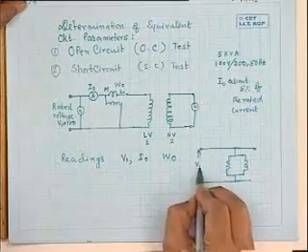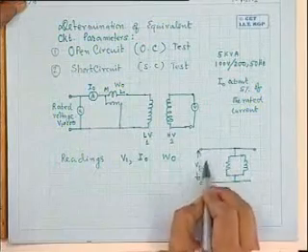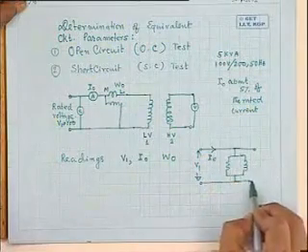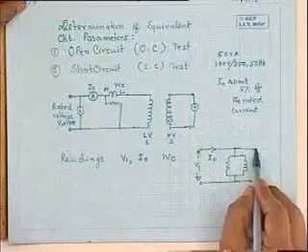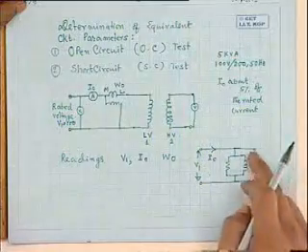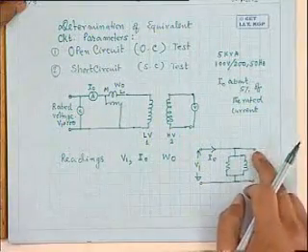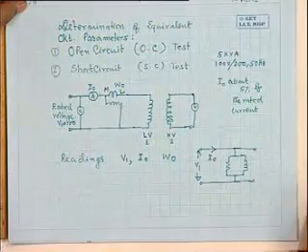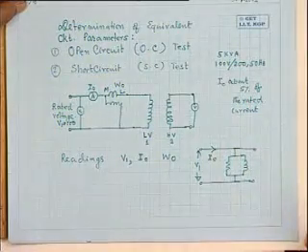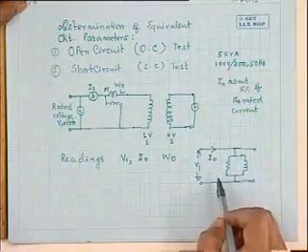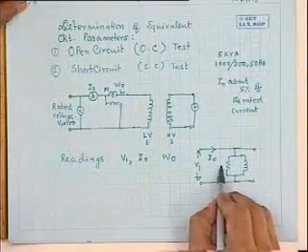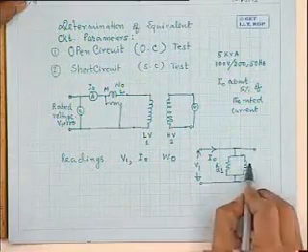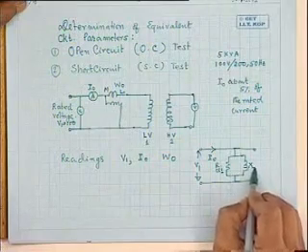So if I draw side by side the equivalent circuit, this is V1, this is your I naught, and this side is open, so nothing is connected, although the equivalent resistance and leakage reactance will be present, but this does not play any role as nothing is connected on the secondary side. So this is the equivalent circuit under open circuit condition, and this is the core loss component of resistance RCL1 and XM1.